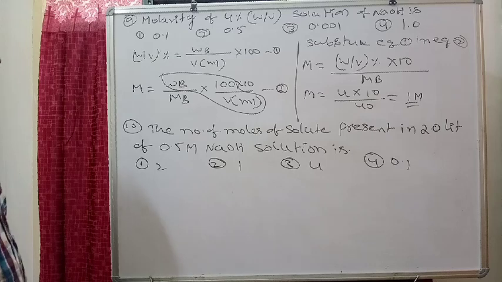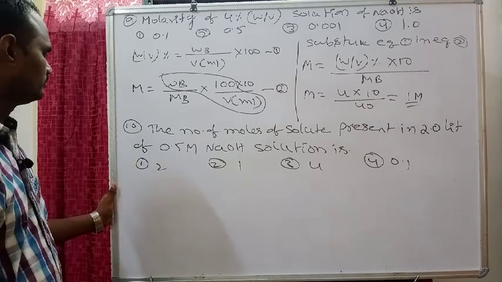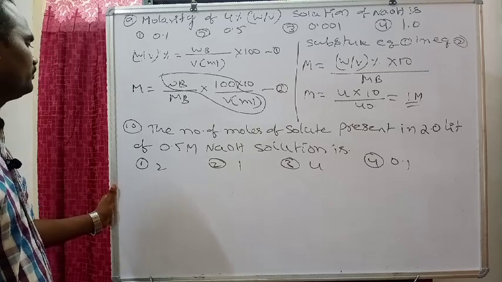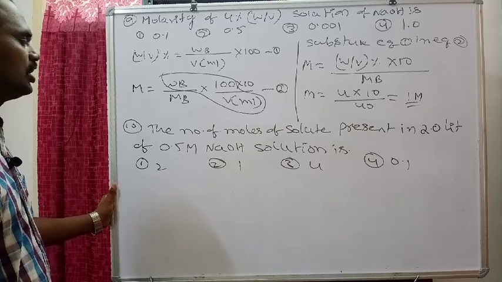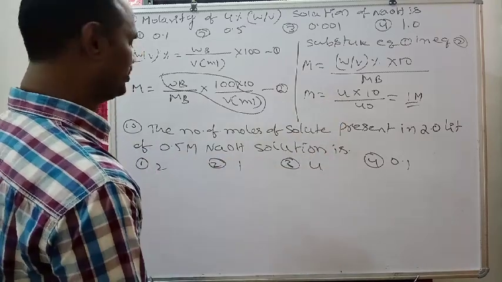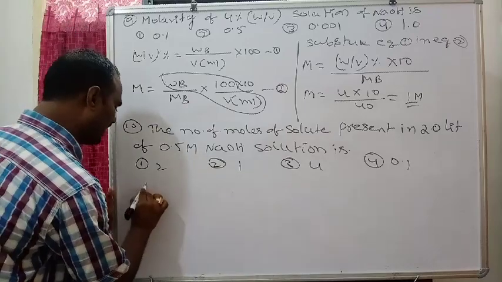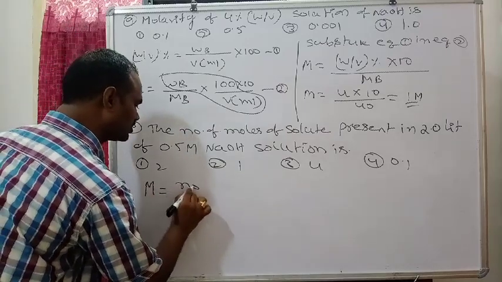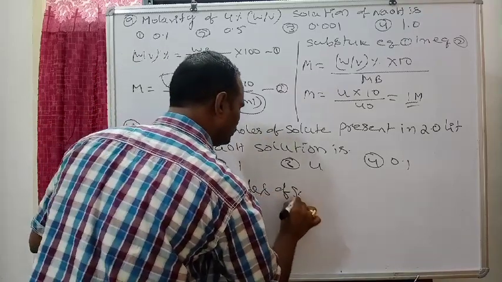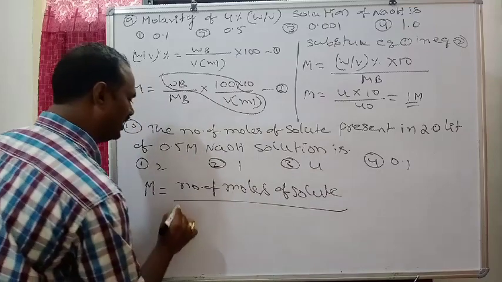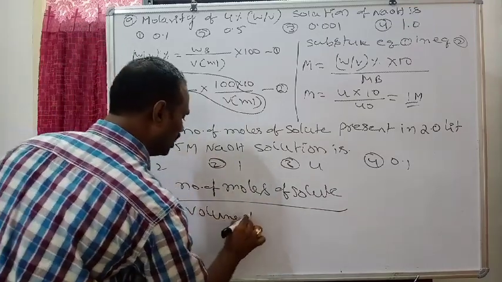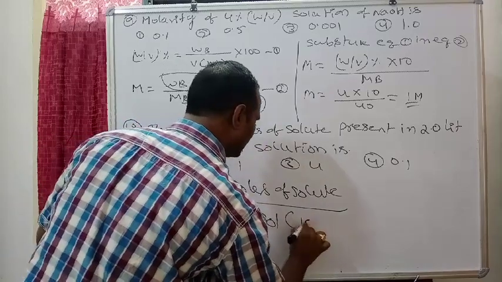Now come to the second problem. The number of moles of solute present in 2 liters of 0.5 M NaOH solution. Molarity is given, volume of solution is also given. Here molarity is equal to the simple formula: number of moles of solute by volume of solution in liters.